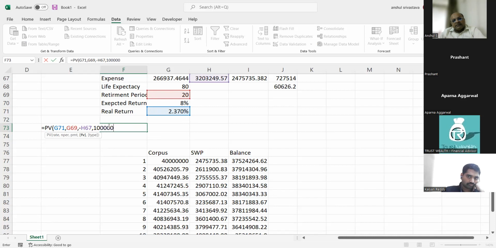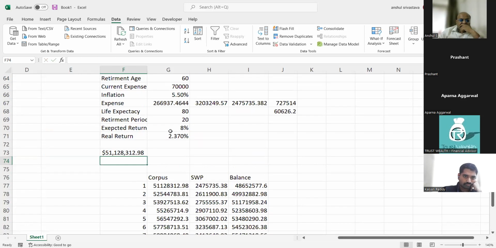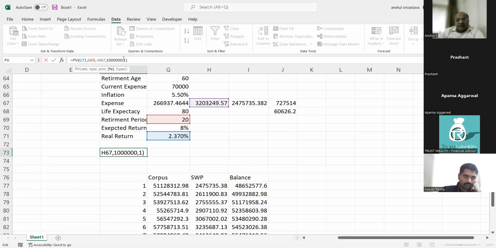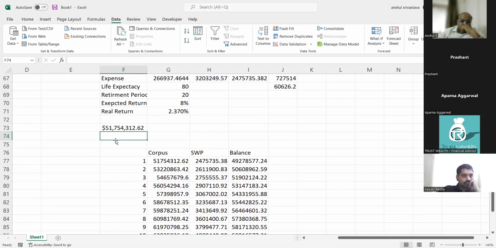You can also put the goal in the goal seek instead of 0, put 1 crore. वो भी करके देखेंगे. It is 51128. पहले क्या आंसर आ रहा था? फ्यूचर वैल्यू में अगर हम ये नहीं डाल रहे थे, we were getting the answer as 517,54312.